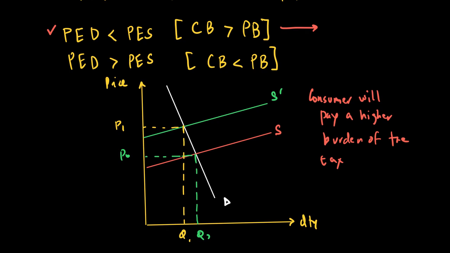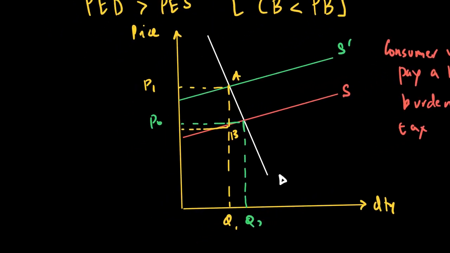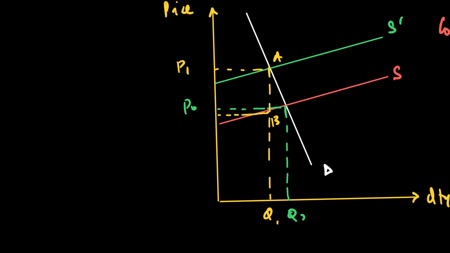Look at this, guys. This AB is my vertical distance. Now if I zoom this area, this is a pretty inelastic curve. You can see that your consumer burden is this whole region. This is my consumer burden of the tax, which is so much larger than the producer burden of the tax, which is this region here.